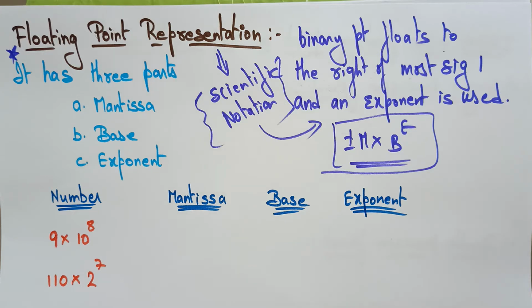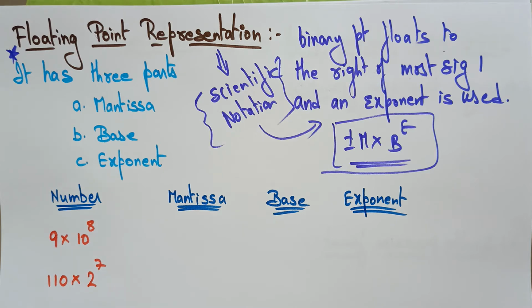And as you observe here, it has three parts: the mantissa, base and exponent. Whatever binary number we take is represented in this format. So remember, don't forget this format: mantissa, base and exponent.